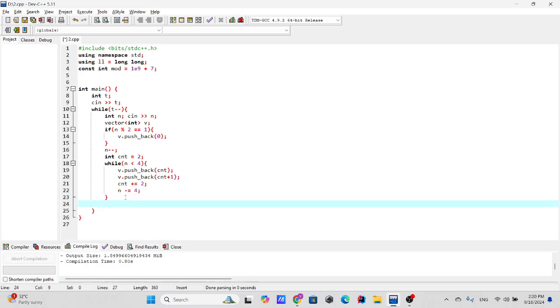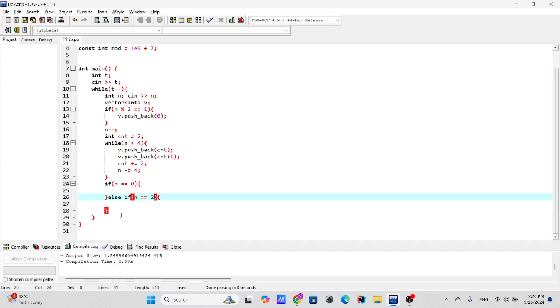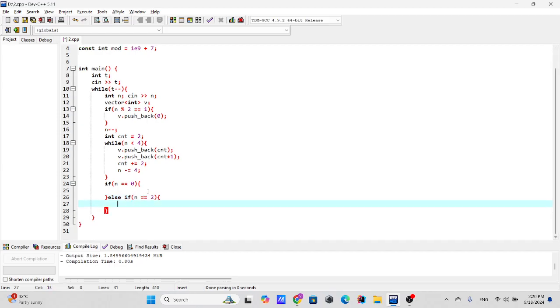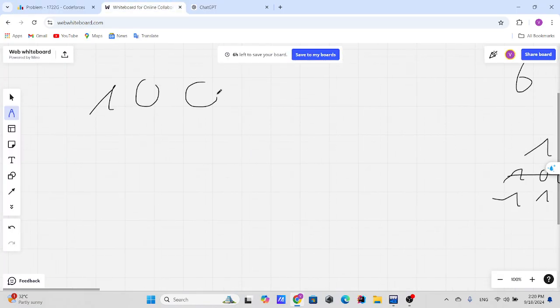Okay. And if n is equal to 0, then nothing happens, and else if n is equal to 2, then we'll v dot... For example, we have this number, right?